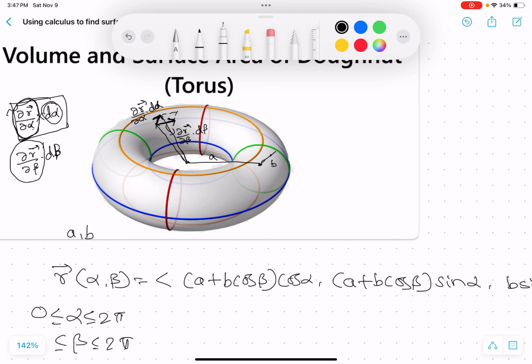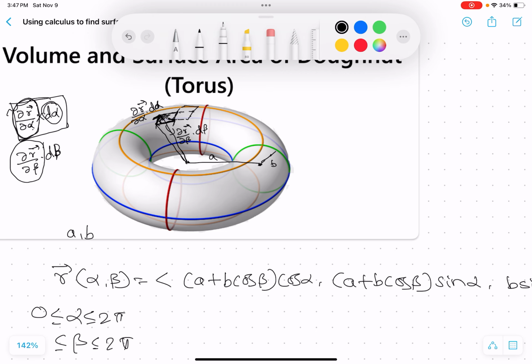So now we want to find this small change in the area of the surface due to small change in alpha and beta. How can we find this area? With two vectors forming a parallelogram, these two vectors make a tiny parallelogram, and if we add all the small parallelograms from the changes in the r vector due to alpha and beta, we will get the entire surface area.